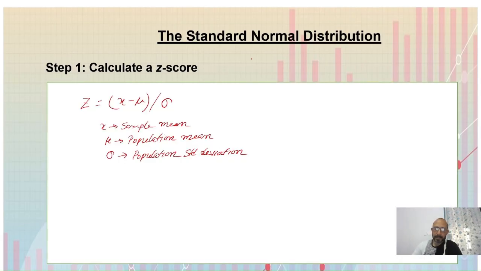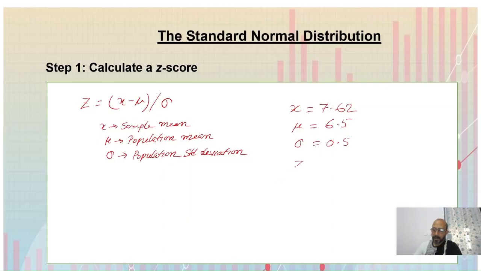So x equal to 7.62, mu equal to 6.5 and standard deviation 0.5.